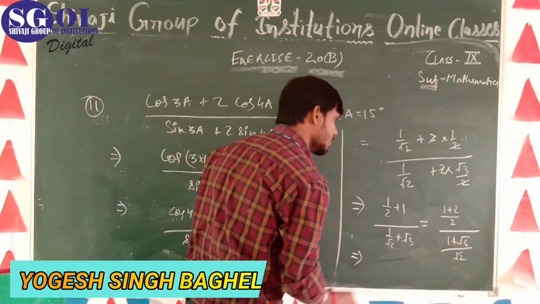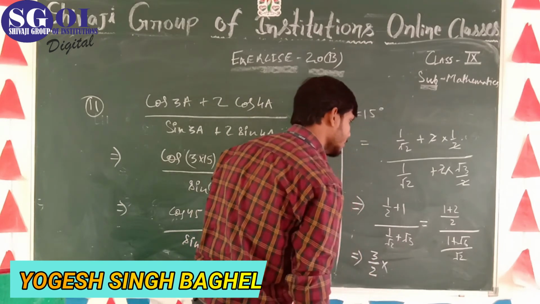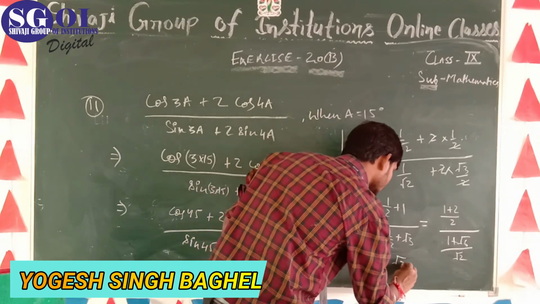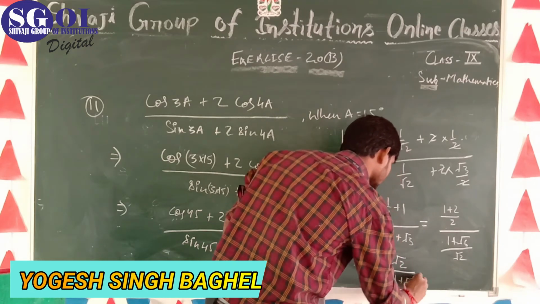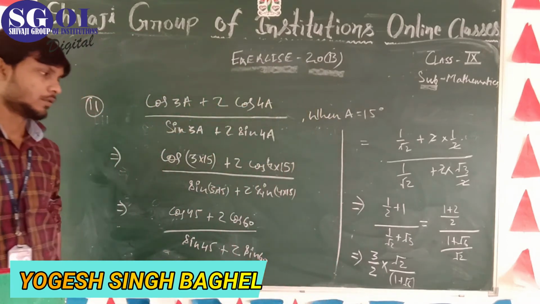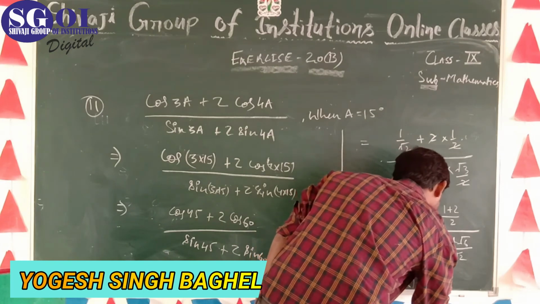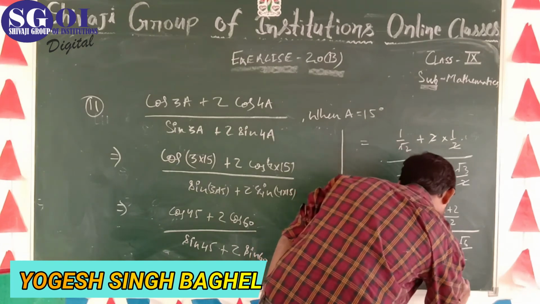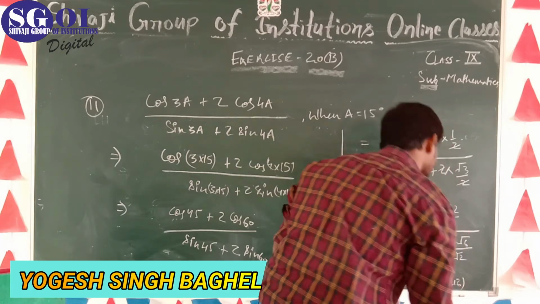So it comes 3 by 2 into root 2 upon 1 plus root 6. Okay friends, so the answer is 3 root 2 upon 2 in bracket 1 plus root 6.